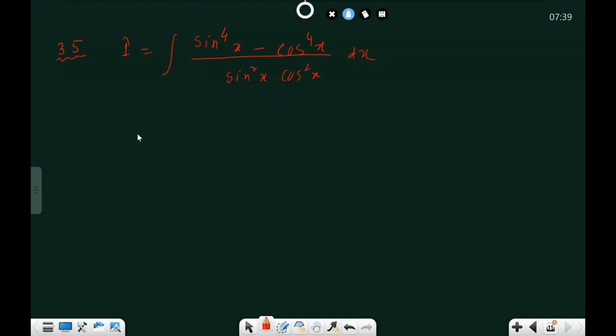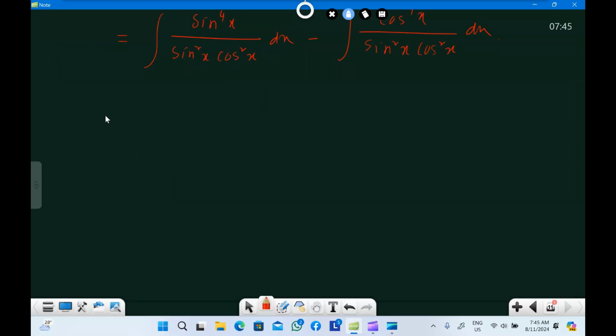Okay, so how to solve this problem? You see the problem is very very simple. Just separate the integral. Sine to the power 4x divided by these two terms, that is sine square x into cos square x dx. This one is the first part. Then minus the second part will be cos to the power 4x divided by sine square x into cos square x dx.